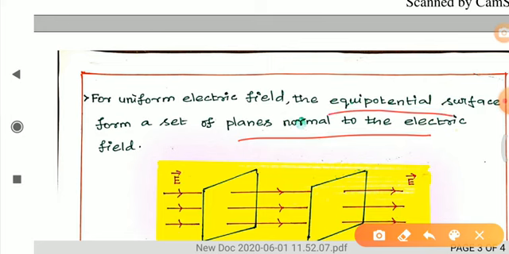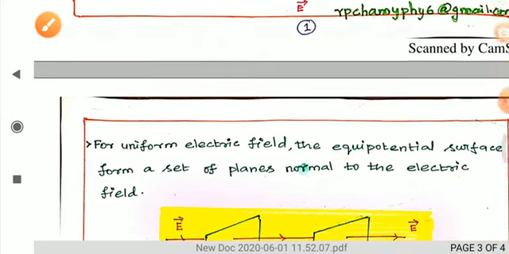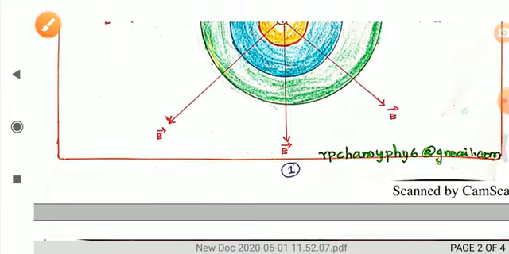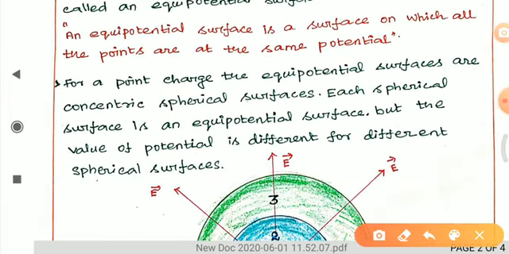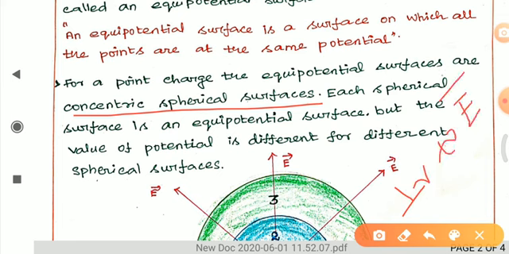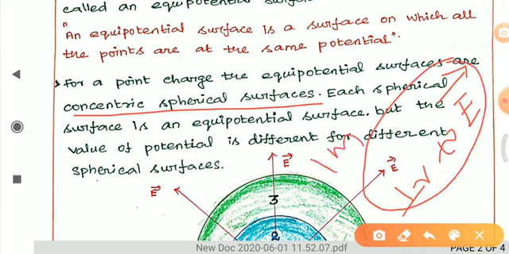What about the point charge? In this point charge also, the direction of electric field is always normal to this spherical surface, and the spherical surface is normal to the direction of electric field. This is the fundamental thing we have to understand.